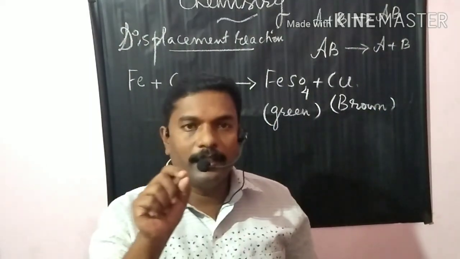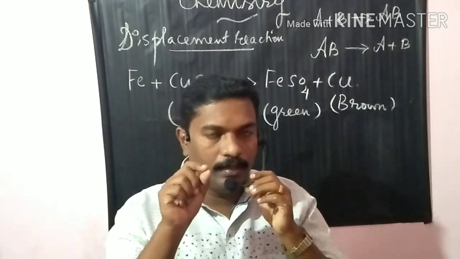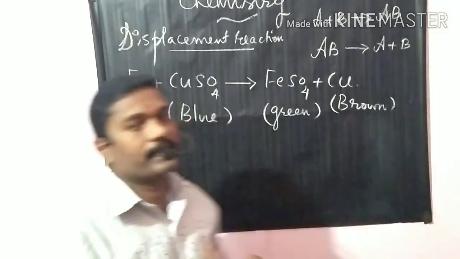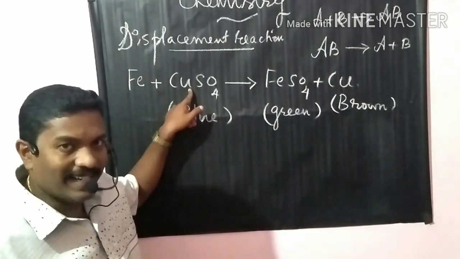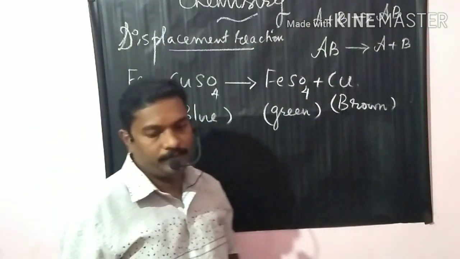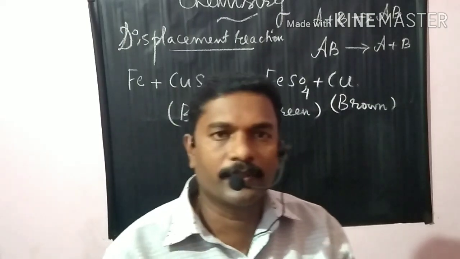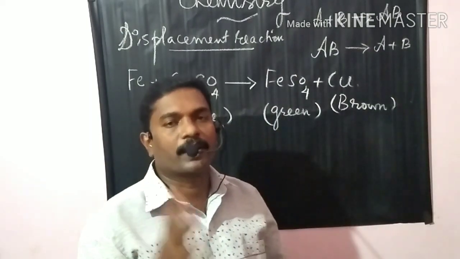So a highly reactive metal displaces less reactive metal from its salt solution, and this type of reaction is called displacement reaction.